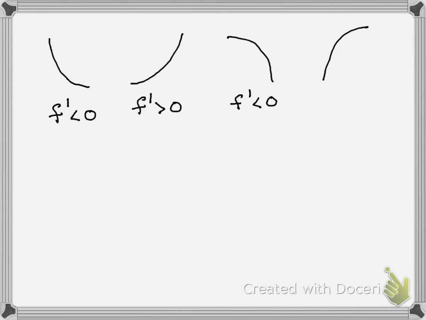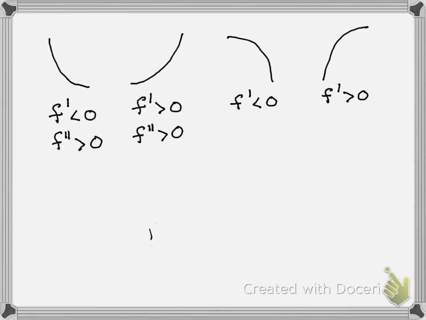In the last case, the function is increasing, so f prime is positive. In the leftmost one, we see, however, that the slopes are increasing, f double prime is positive. Here, the slopes are also increasing, f double prime is positive.